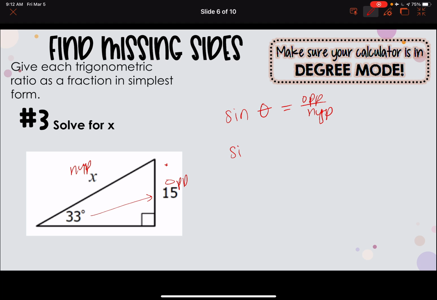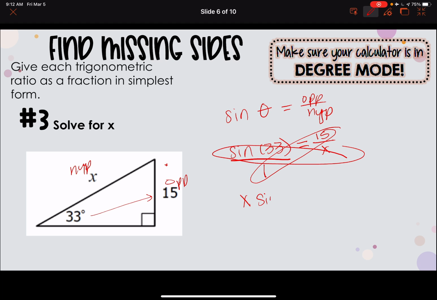So the sine of 33 is equal to 15 divided by the length of my hypotenuse. In this case, that's x. When I'm presented with something like this, I just make this into a fraction and then cross multiply like we'd been doing. And I get x times sine of 33 is equal to 15.